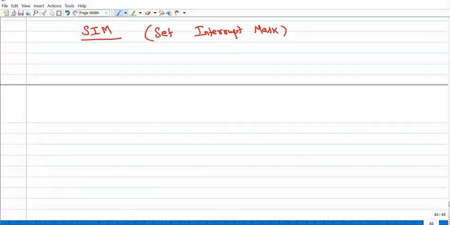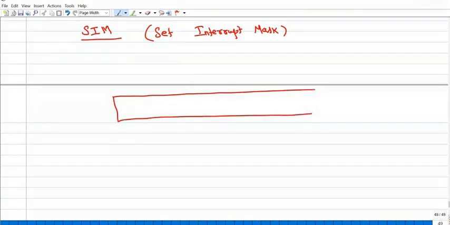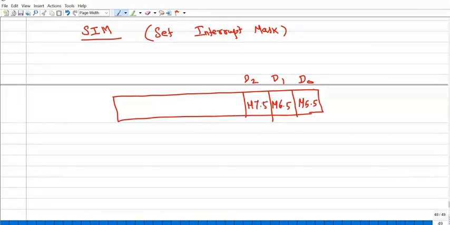Before execution of the SIM instruction, we need to load 8-bit information in the accumulator first. So what is the structure of this SIM instruction? Suppose you want to mask RST 5.5: the first location is D0, M 5.5. If this particular pin is 1, the RST 5.5 interrupt is masked. This is for masking the RST 6.5 interrupt, and this location is used for masking the RST 7.5 interrupt.